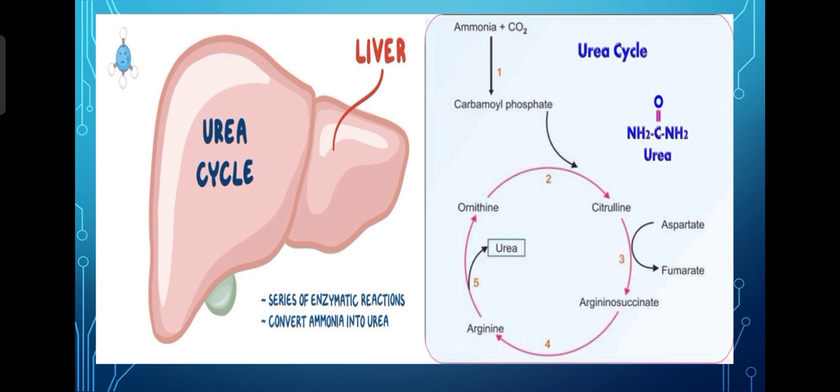So mainly it converts ammonia into urea. In the picture you can see ornithine releasing urea and it will move on to the next cycle. It acts as a chemical scaffold.